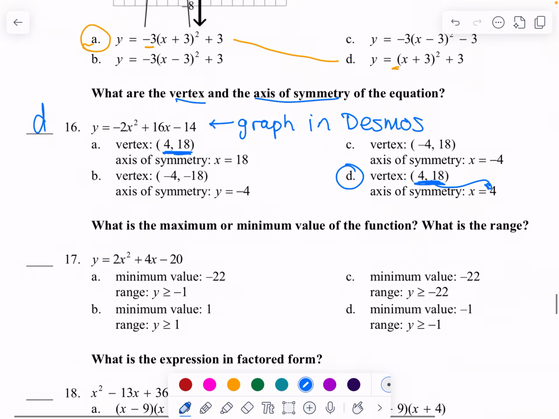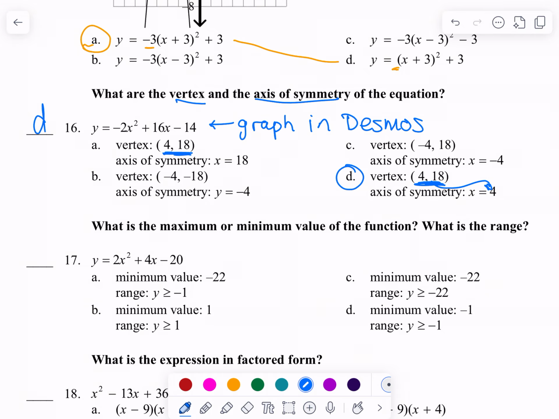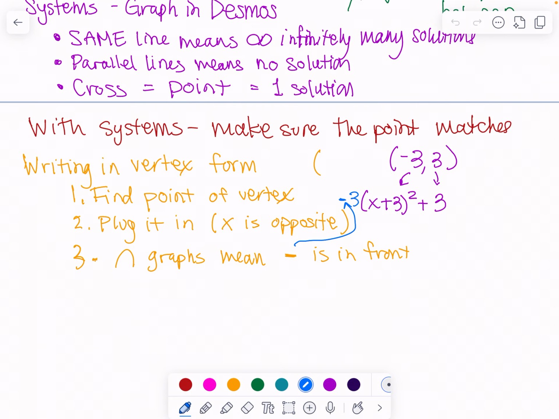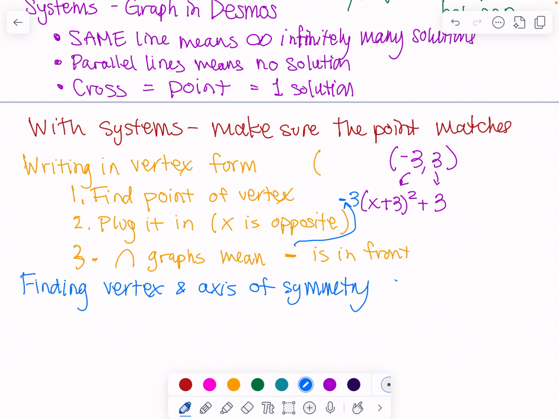And then let's go and put in our notes. So if we have finding the vertex and axis of symmetry, like negative 2x squared plus 16x minus 14. So step 1, graph it and click on the vertex.